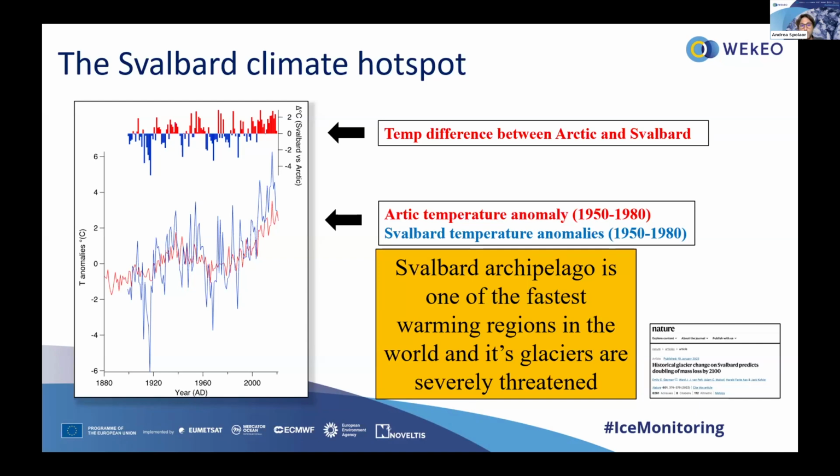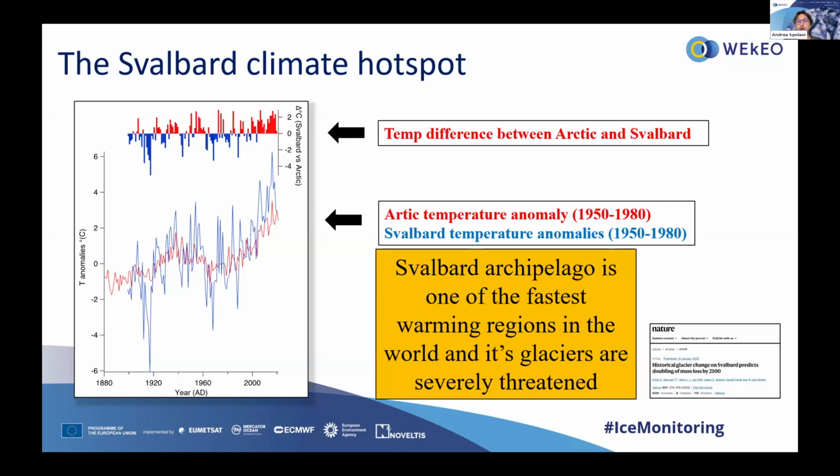But if you look at the blue line, where we focus only on the Svalbard archipelago, we see that while the Arctic is warming by two or three degrees in the last two or three decades, Svalbard has increased much more, and sometimes, especially around 2020, up to 6 degrees more than the global average.